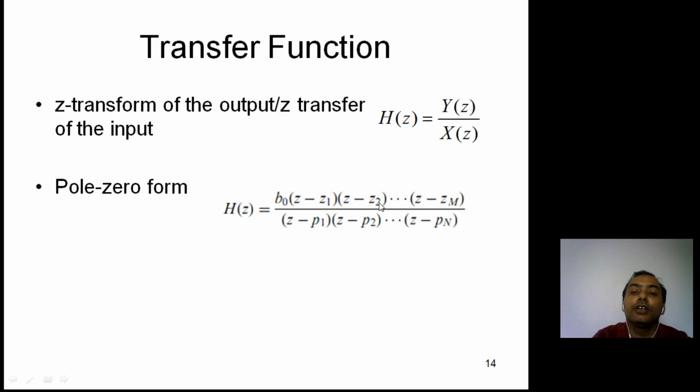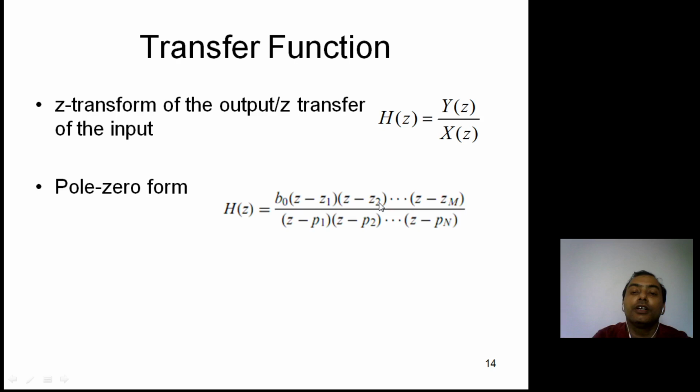For example, b0 (z minus z1)(z minus z2) up to (z minus zm) is the numerator term, and z1 is a zero, as is z2. Each factor multiplies to give the number of zeros. For the poles, we look at the denominator: (z minus p1)(z minus p2) and so on. This is just a review class, which is why I am going fast.